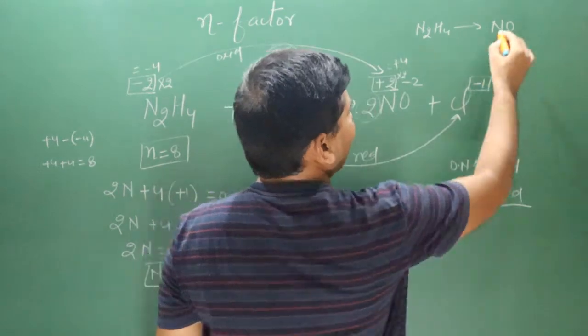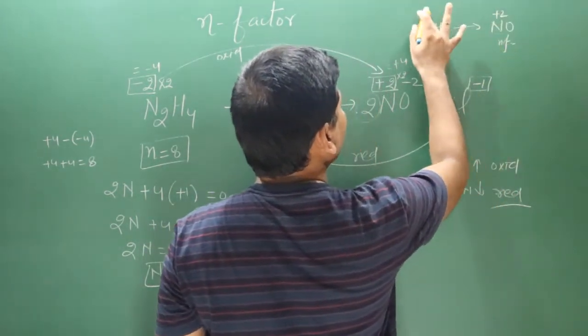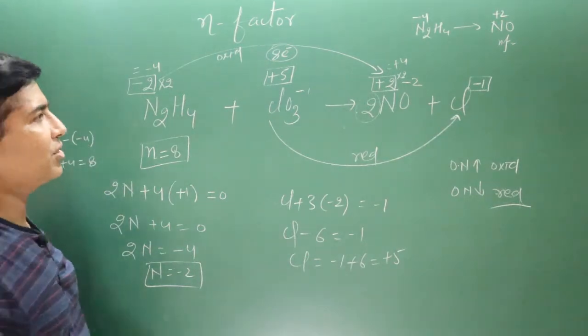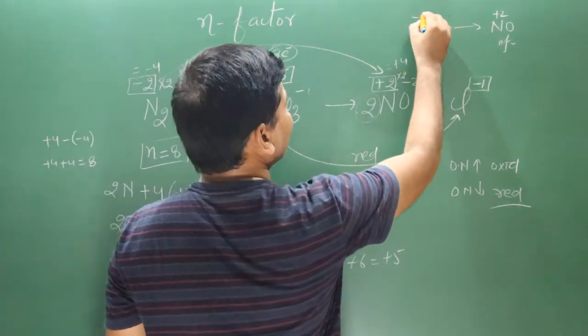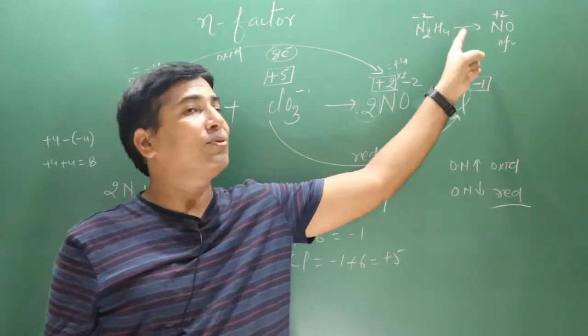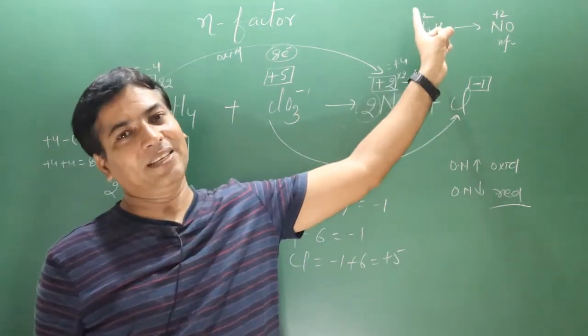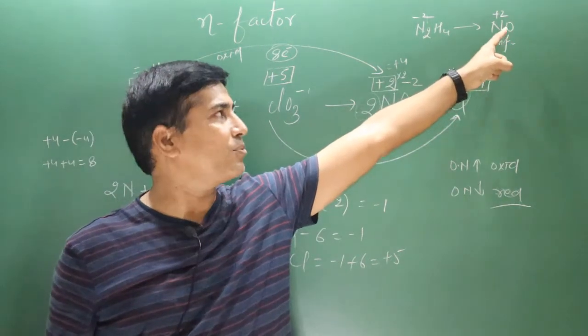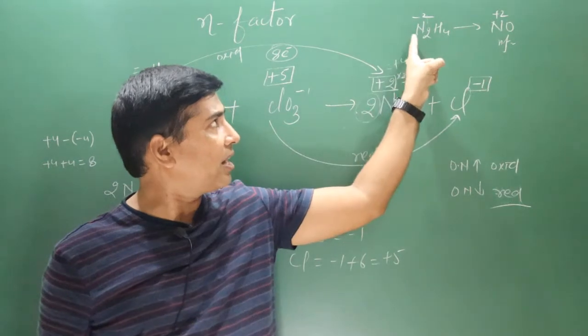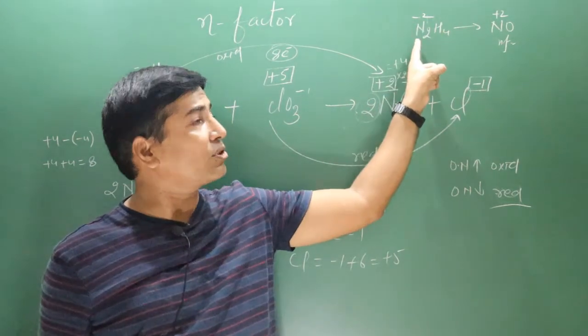One nitrogen is minus 2, and on the other side you need to consider one nitrogen only, plus 2, because this molecule has only one nitrogen. If it has 3 nitrogen, then you need to calculate the oxidation number of 3 nitrogen.